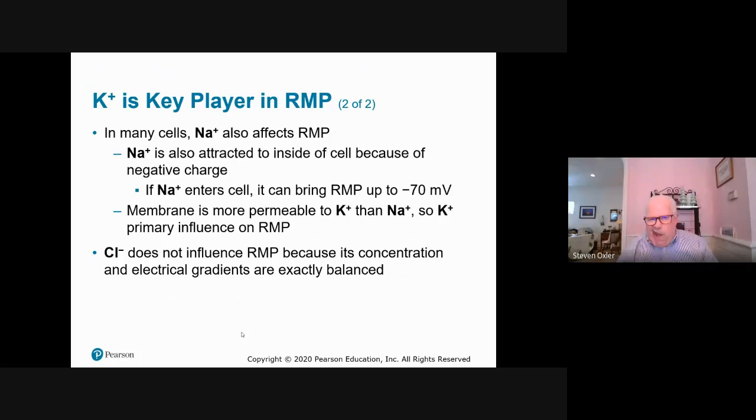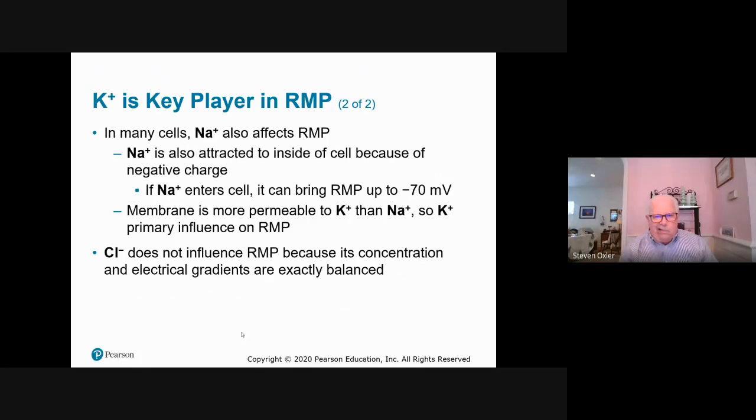Sodium has an effect, but a minor one. When sodium enters the cell, because it's positively charged, it will bring the resting membrane potential up to -70. So it adds +20. When you add +20 to -90, you get -70.